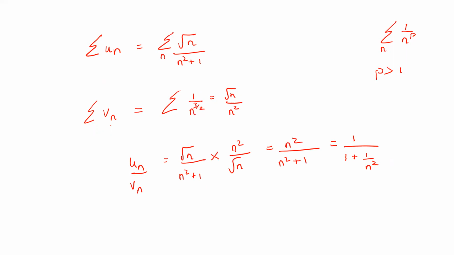Now this has to be evaluated in the limit n going to infinity, because it's an infinite series. So this 1 by n square will go to 0 and you'll get a finite answer, 1. Therefore, because we are getting a finite answer and Vn is a converging series, the Un series is a converging series.